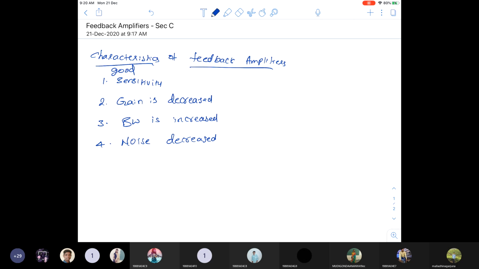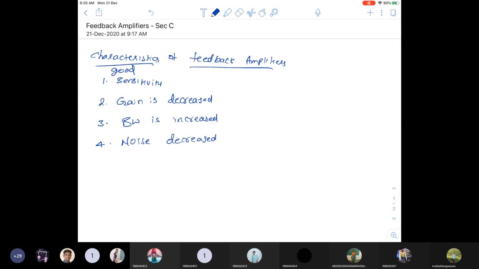So for negative feedback amplifiers, we then moved to the types of mixers and the types of sampling in the block diagram. The types of mixers are two: series mixer and shunt mixer. Sampling is also of two types: current sampling and voltage sampling. One more important point is that sampling is a constant. If you take voltage sampling, voltage is always constant.